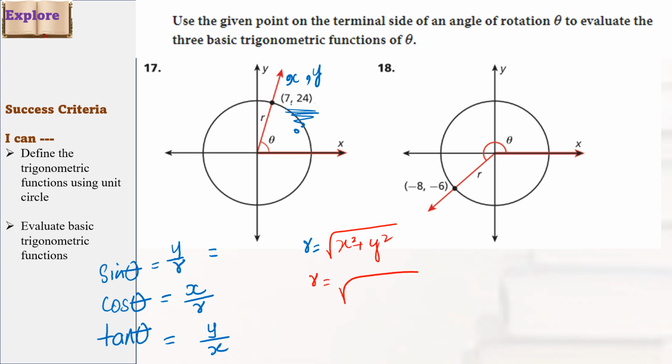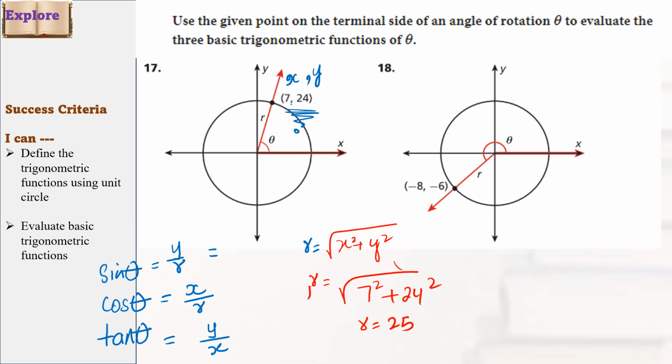So x squared means 7 squared, and y squared is 24 squared. Write it in the calculator to get the exact answer. So you will write the square root of 7 squared plus 24 squared, and you will get 25. So the value of r is 25.